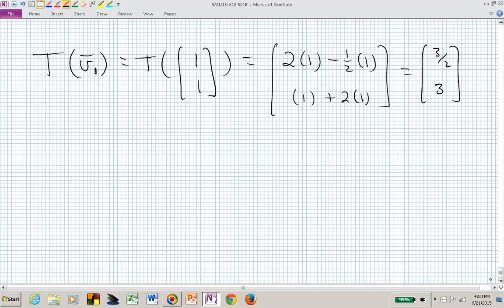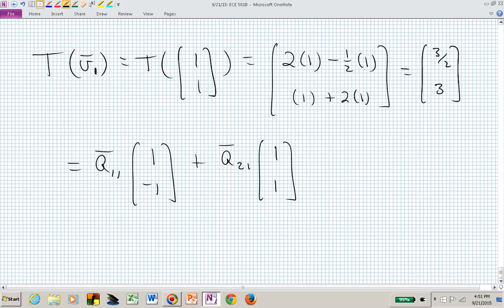We now want to write that as a linear combination of W1 bar. W1 bar was 1, minus 1, and W sub 2 bar was 1, 1. Or we now have A11 bar W1 bar plus A21 bar W2 bar.